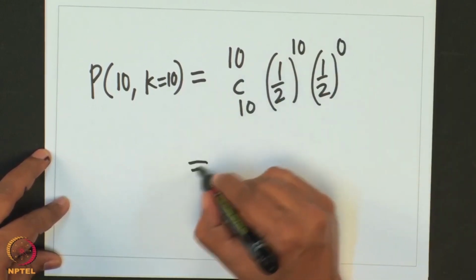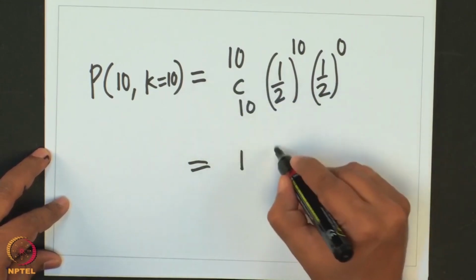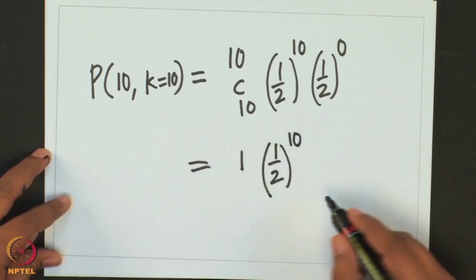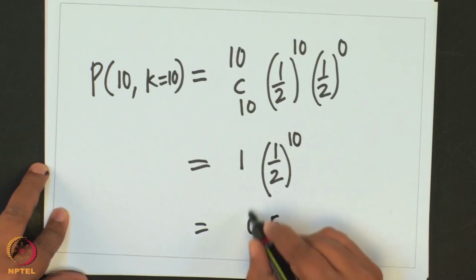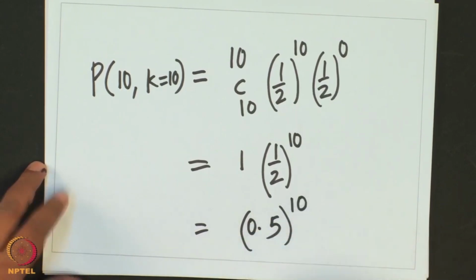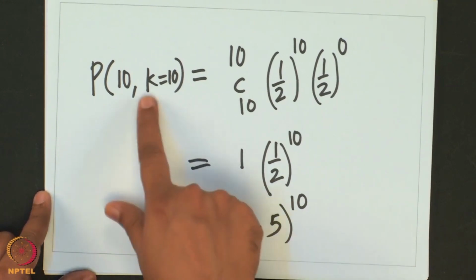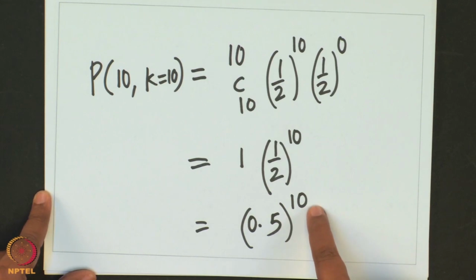So 10 C10 is 1 and half power 10 is this. So this is the answer. So 0.5 power 10 would be the answer that we know. So this gives the probability that all 10 are girls. The probability is 0.5 power 10.